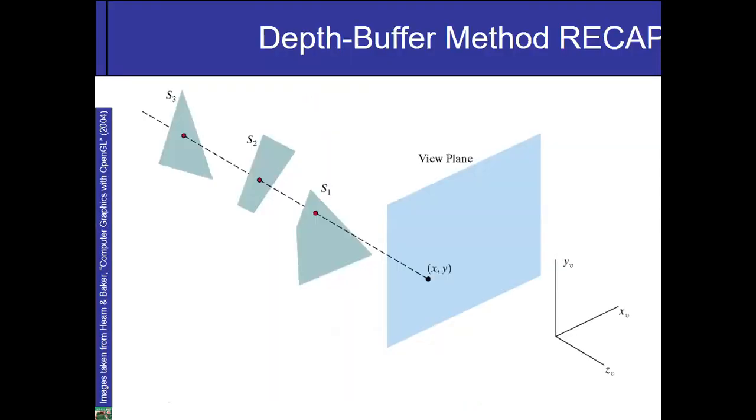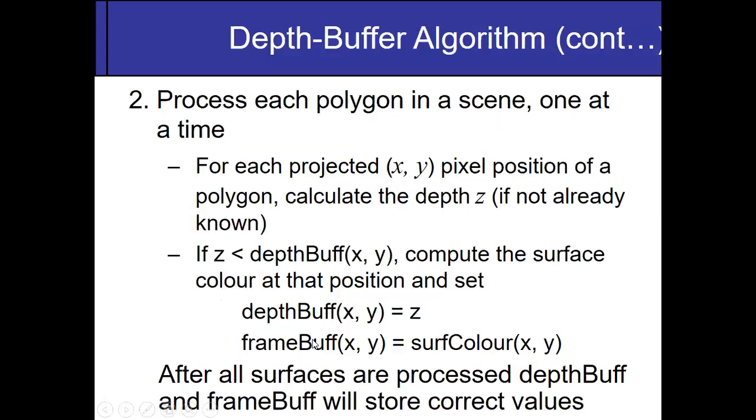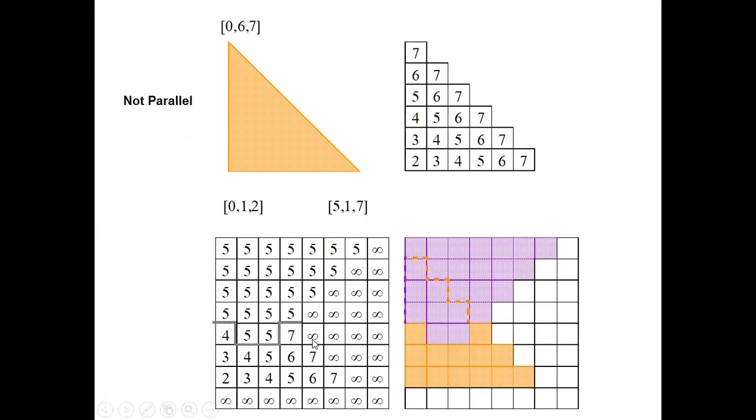So in my algorithm, I'll put it cleverly like this. For any scan line, the adjacent X position is X plus 1. So wherever you have X, you write X plus 1. And since this is the new depth value, let us take this second row, the top minus 1 row.